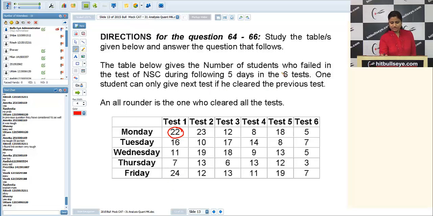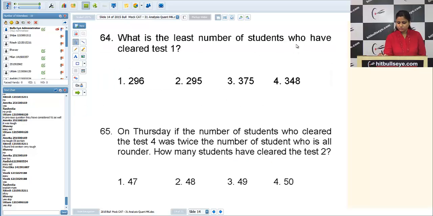It says the table below gives the number of students who failed in the tests of NSE during the following 5 days in the 6 tests. It means whatever be the total number of students, 22 students have failed this test. We are talking about who have cleared test 1.